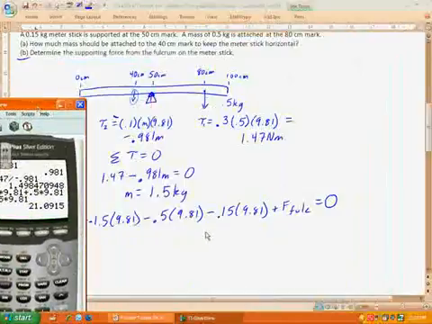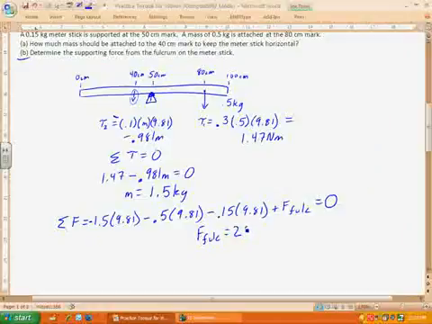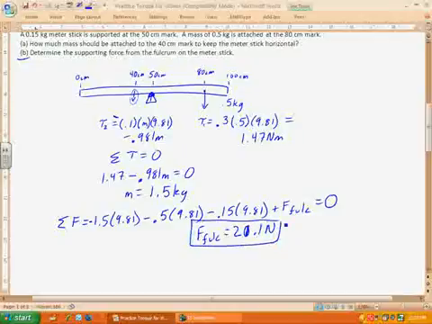So the force of the fulcrum has to be equal to 21.1 newtons. There you go. We've answered the question using both the balanced torque and the balanced forces, which means that it is in mechanical equilibrium. All right, I hope you'll take time to watch the other two videos and see the examples there.